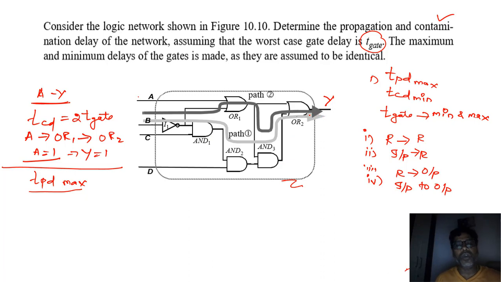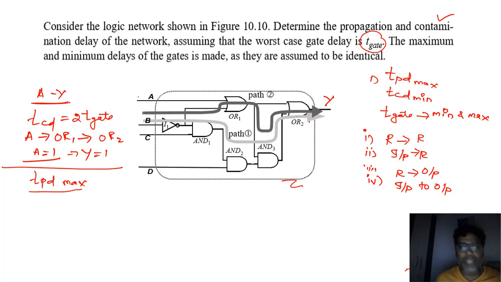So visually, if you look at this, this could be the worst case path or the maximum propagation delay path, because it travels through gates 1, 2, 3, 4, 5.